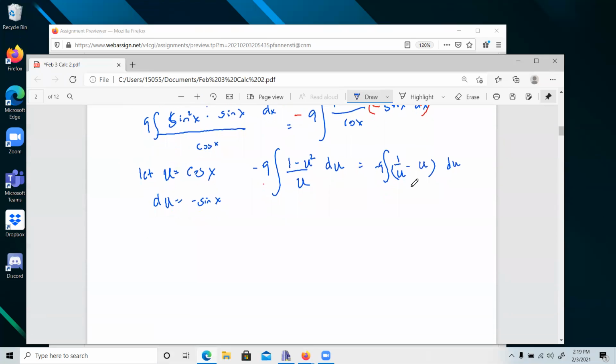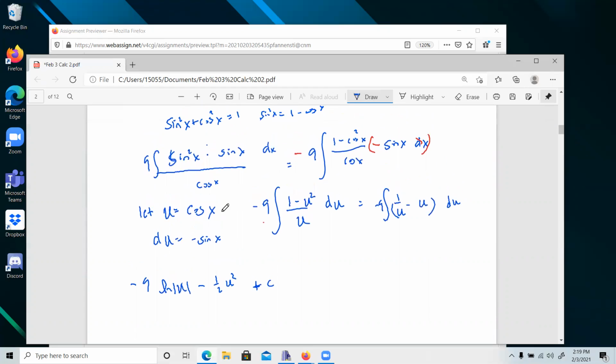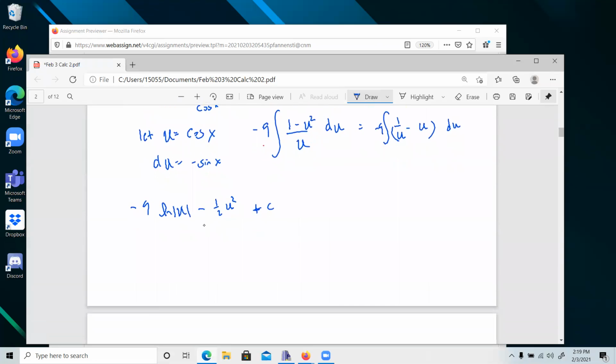So let's go ahead and check this out. We have a negative 9 times the integral of 1 over u, that was natural log absolute value of u, and then minus 1/2 u squared. So that's pretty standard. See, this one I didn't even need to do several integrals or several substitutions.